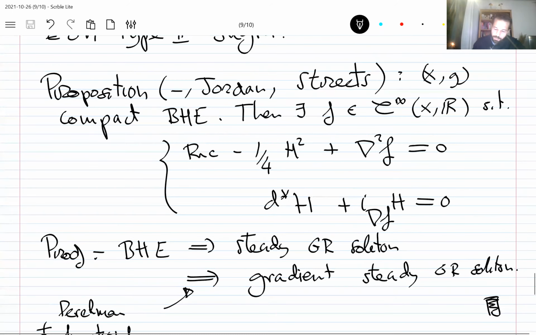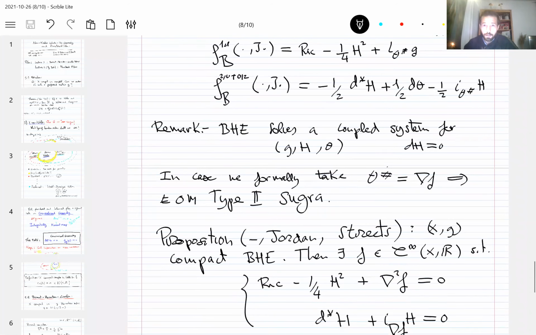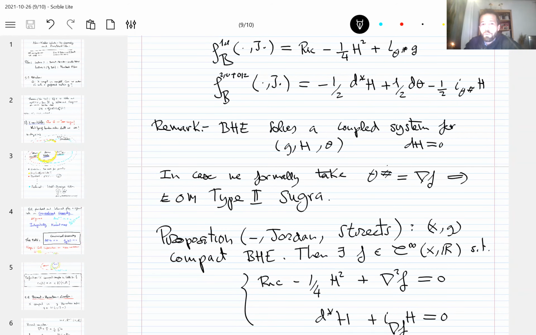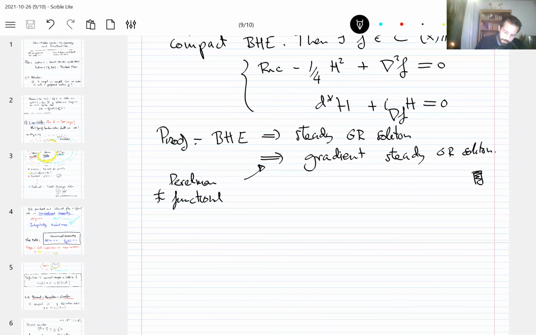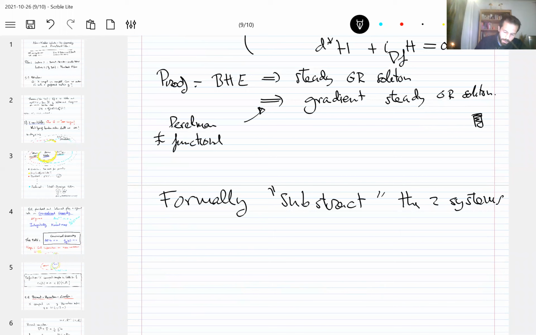It is interesting now because we have these two systems of equations. If we formally subtract the two systems, we obtain a structural property of Bismut Hermite-Einstein. There is a special vector field.